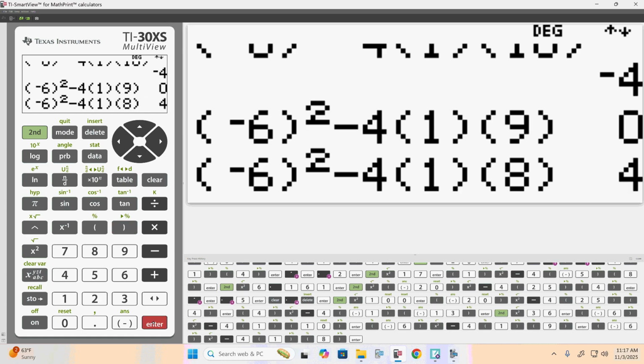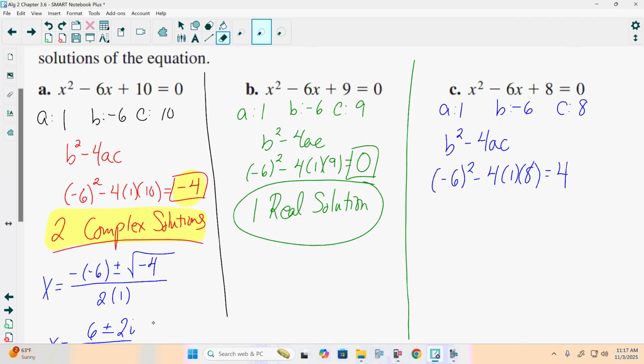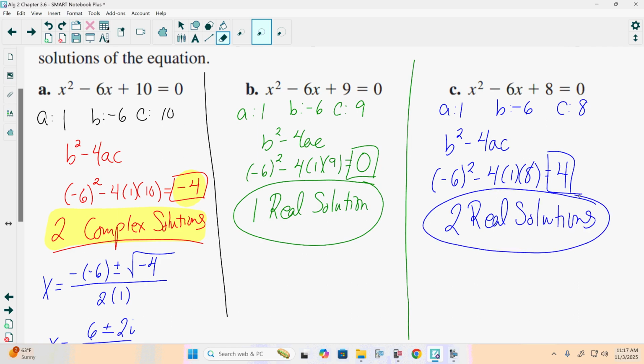Negative 6 squared minus 4 times 1 times 8 is going to be 4. Since the discriminant is greater than 0, we have two real solutions. So our value of the discriminant is 4. We have two real solutions.